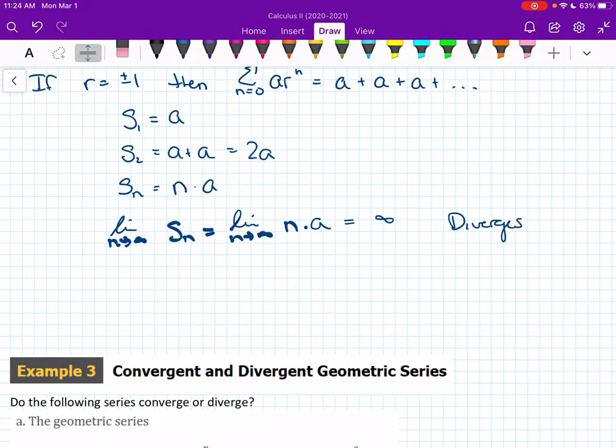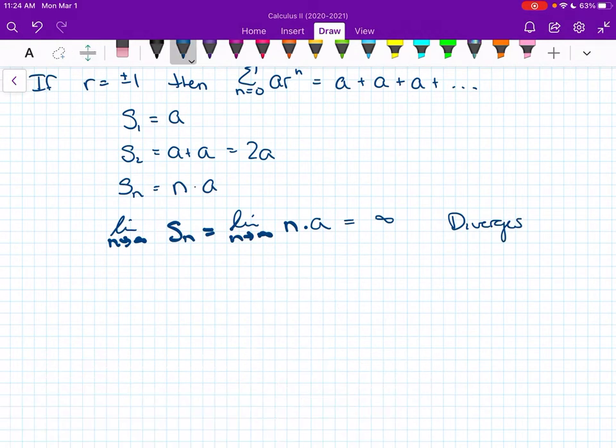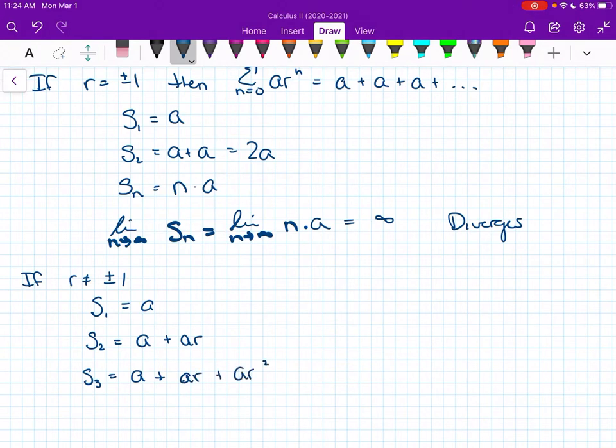All right, so now let's consider if r does not equal plus or minus 1. Then my first partial sum is just a. My second partial sum is going to be a plus ar. And then my third partial sum is going to be a plus ar plus ar squared.